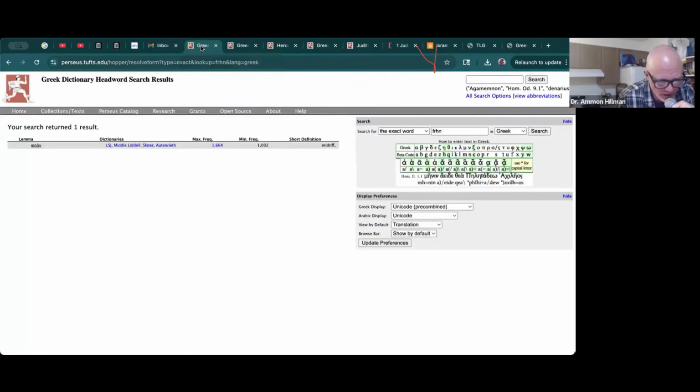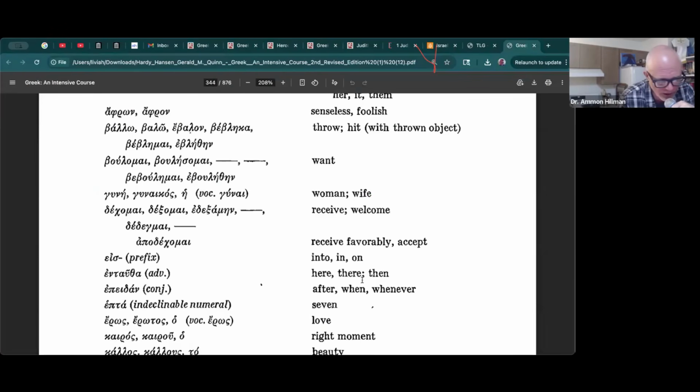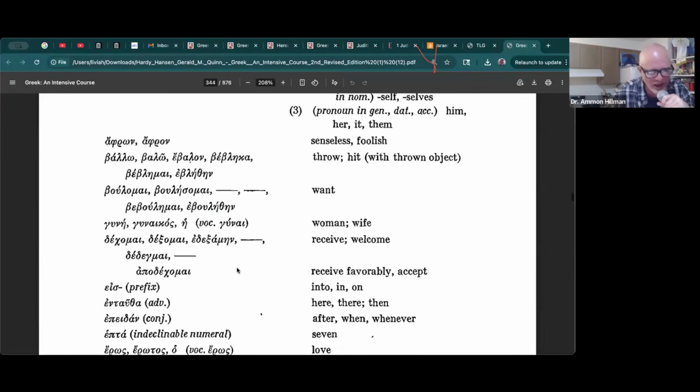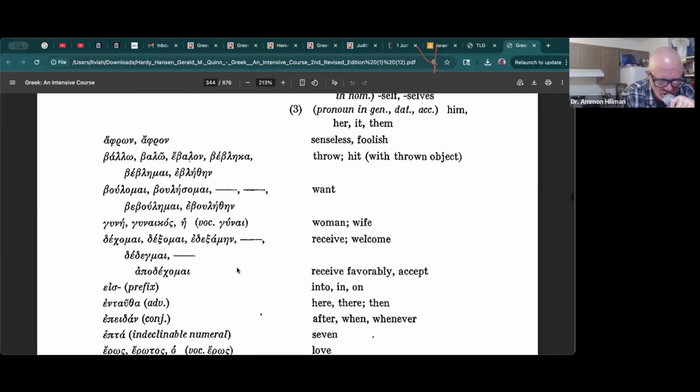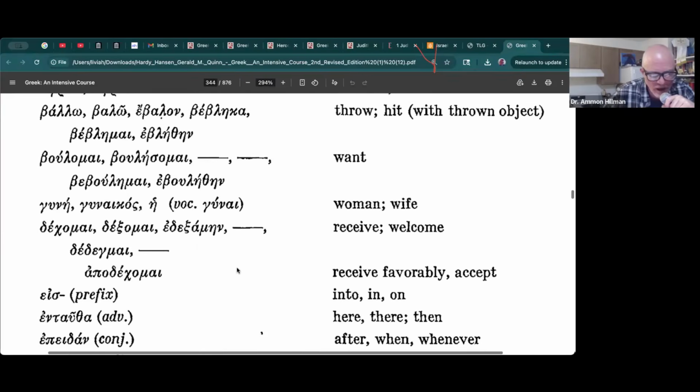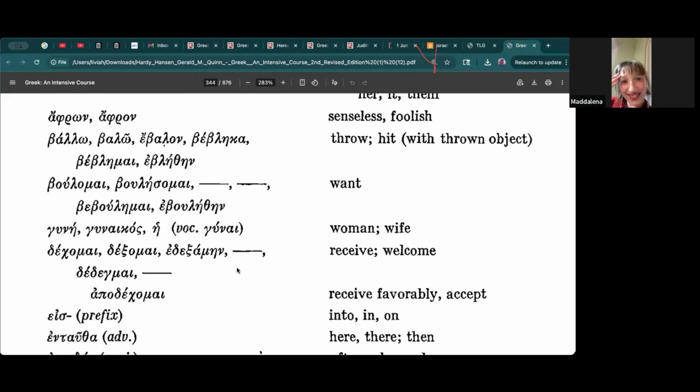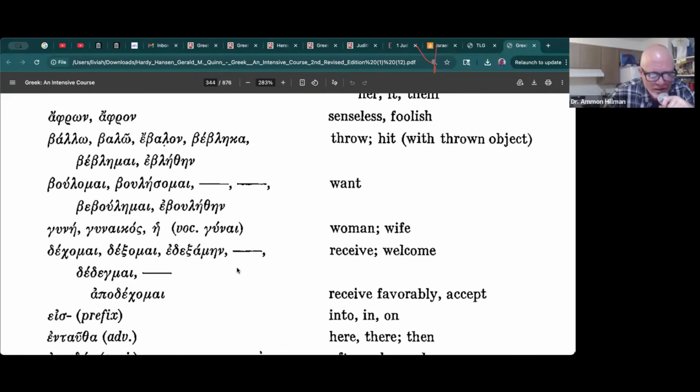So, why did I say this? Because the vocabulary here, we're back to vocabulary, is aphron. And that phren is the frame, right? The vowels are changing, but it's the same root. Aphron, foolish, without that place where your hunger comes from.